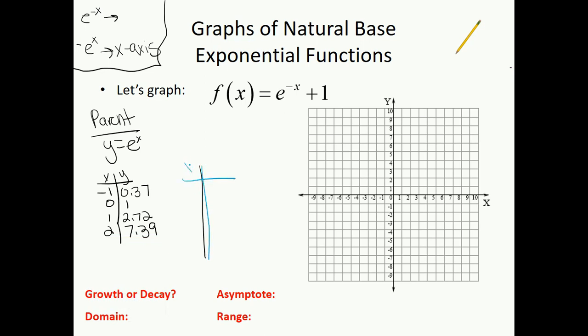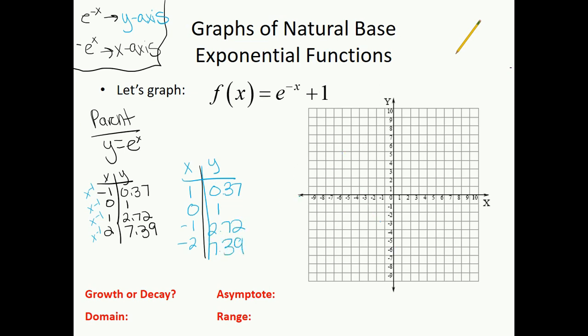I'm going to have x, y. So instead of being a negative 1, this negative is going to change it and make it a positive 1. This is going to flip us about our y-axis, excuse me. So it's going to be 0, and then I'm going to get negative 1 and negative 2. So I'm going to multiply basically these guys by a negative 1 continuously. My y values, however, are not going to be affected at all.